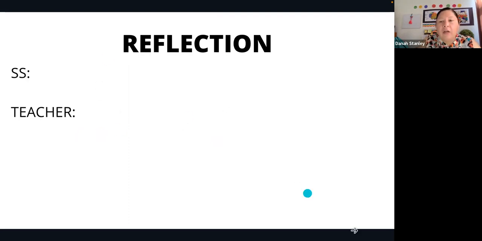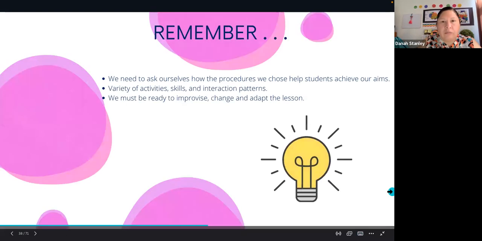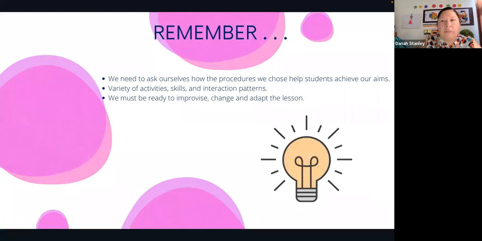So this reflection is part of the evaluation. We need to ask ourselves how the procedures we choose help the students achieve our aims. What I was saying, no? If we are going to present or we are going to give further practice, I don't need to reteach, because instead of achieving this goal, I'm achieving another goal that is not even planned for this lesson.